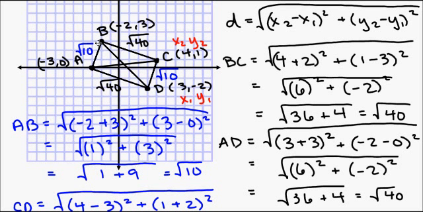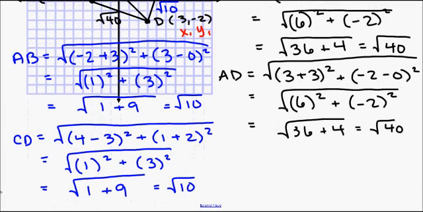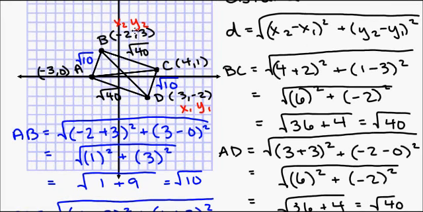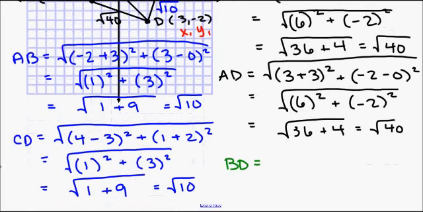Next, and you may have noticed that these are up here, they weren't in the last diagram, we're going to show that the diagonals are the same length, because in a rectangle, the diagonals are the same length. So I'm going to find BD first. I'm going to change to green for my diagonals. So BD. X2 is negative 2 and X1 is 3. So I have negative 2 minus 3.